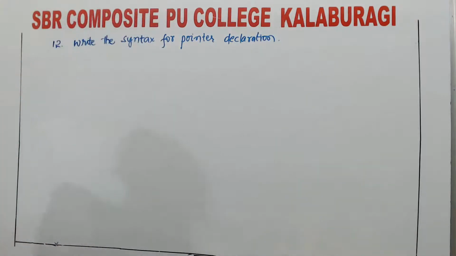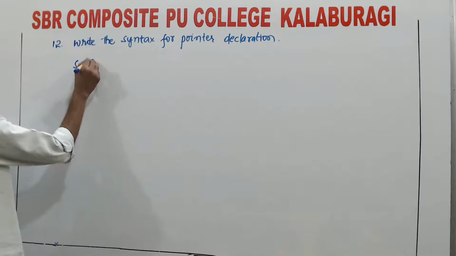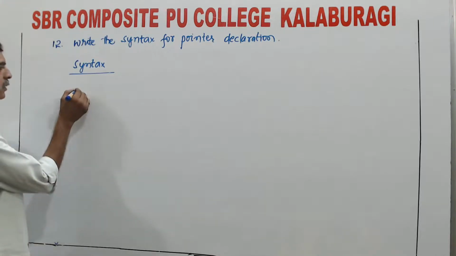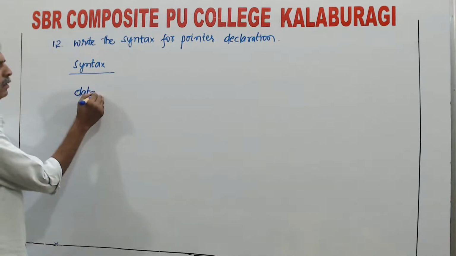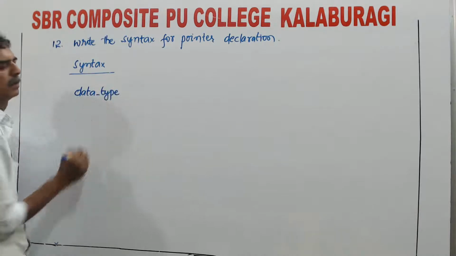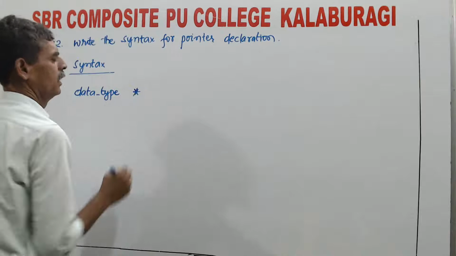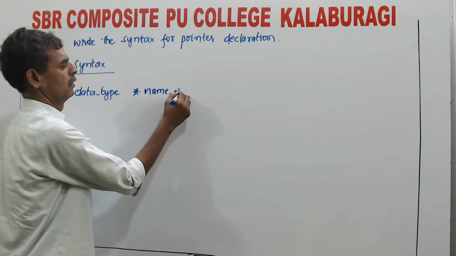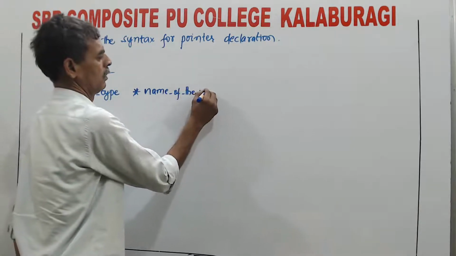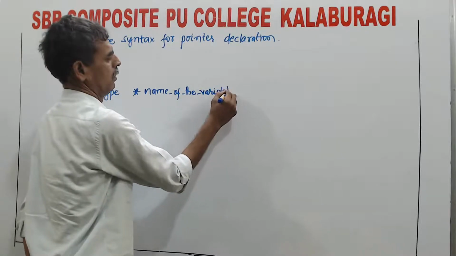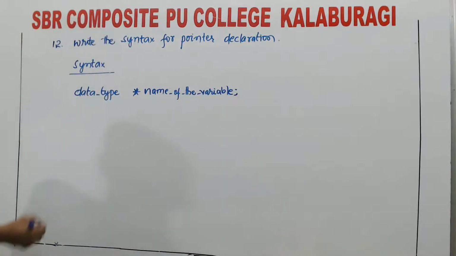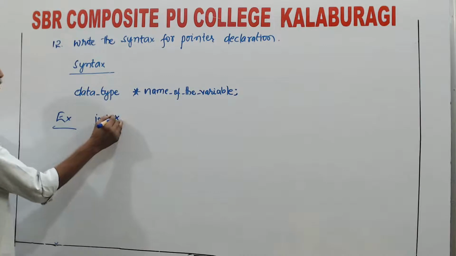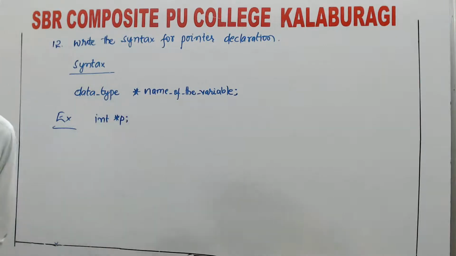Okay, so here the syntax is: data type, star, name of the variable. If you want to give an example also, for example, int star pointer p. Okay, right.